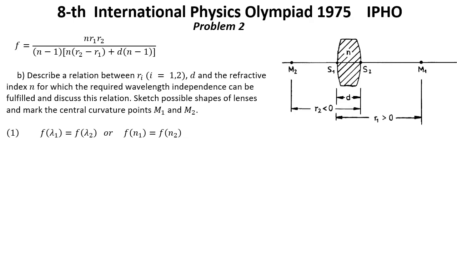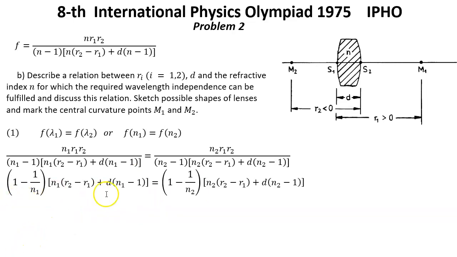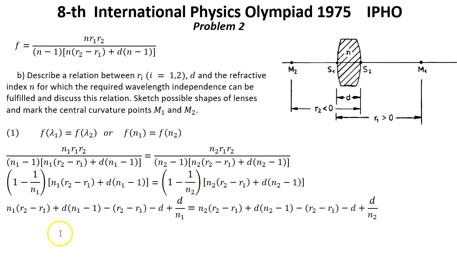Using the given equation for the focal length, we get this equation for both refractive indices. Now we can reverse them and find this relation. Now we can simplify it to this equation, and after subtraction we have this relation. If n1 is not equal to n2, which is obvious, we finally get this relation.